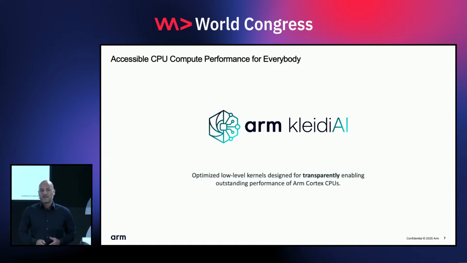This is the Arm KleidiAI library, something that we have started developing last year with a promise to accelerate the AI computation everywhere in a very simple way. This is a library that contains the most critical routines optimized for the Arm CPU. And it is already integrated in all the frameworks we have seen earlier in the previous slide.